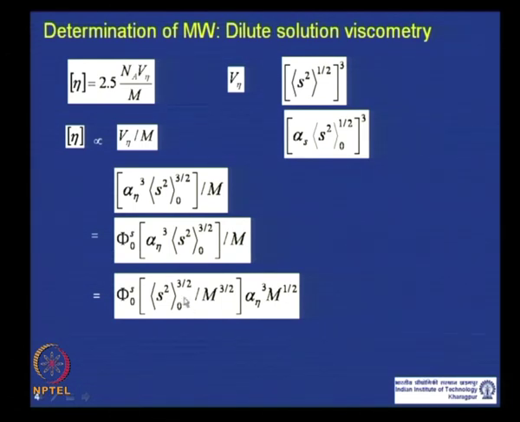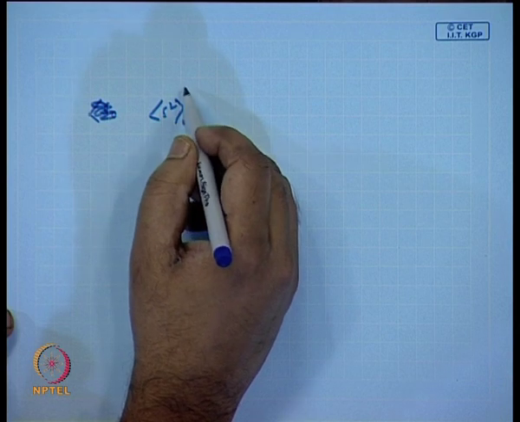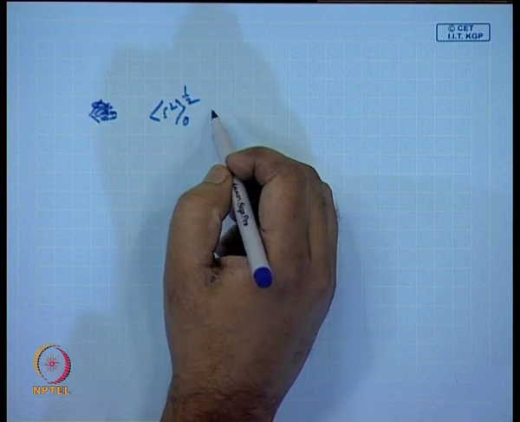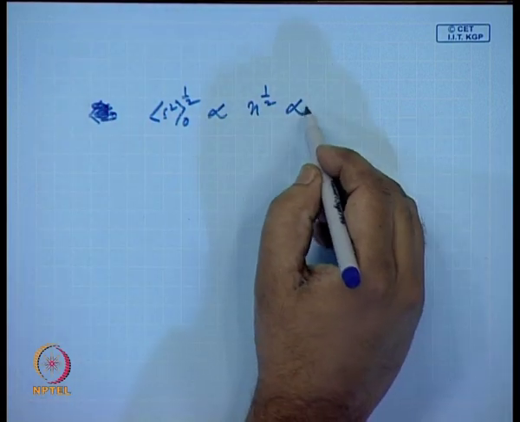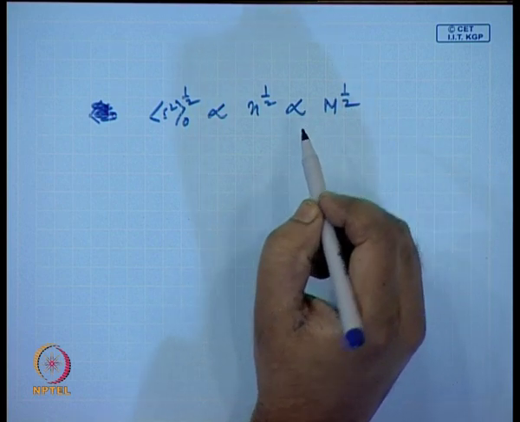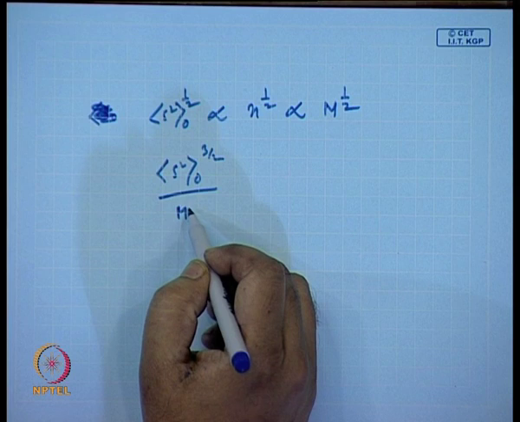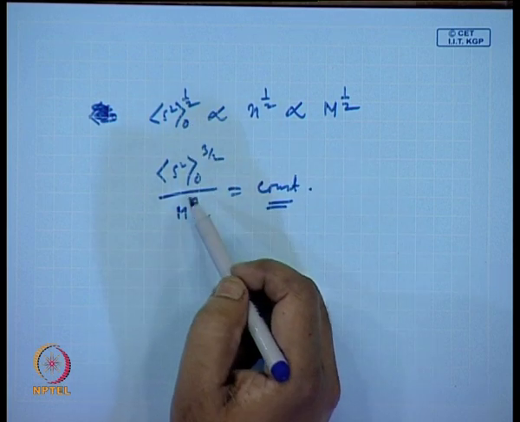Now, if you recollect, this was proportional to n to the power half, which is proportional to molecular weight to the power half, which means M to the power 3/2 divided by M would be some constant term, because these two are proportional.